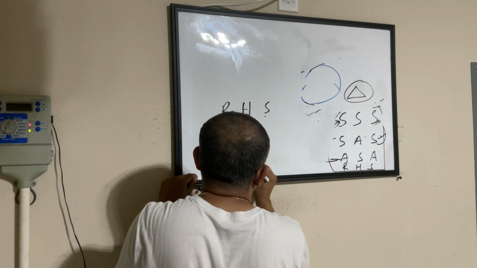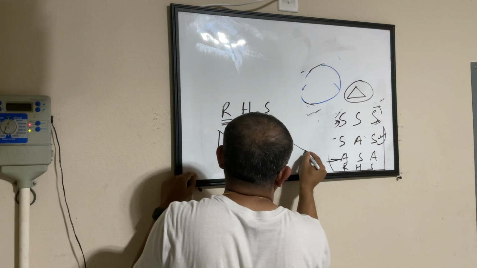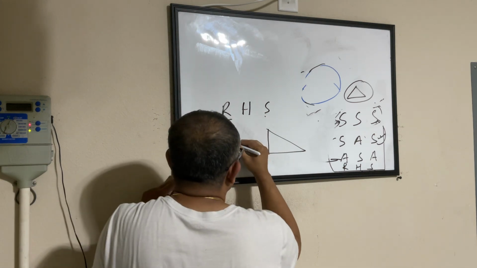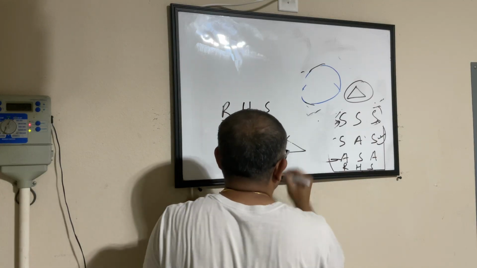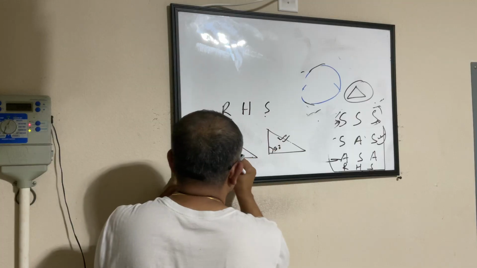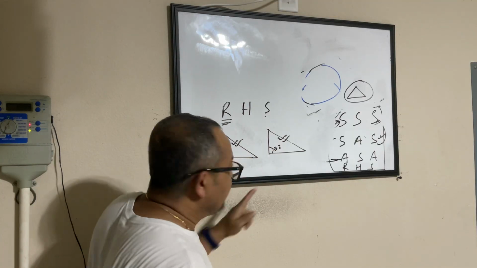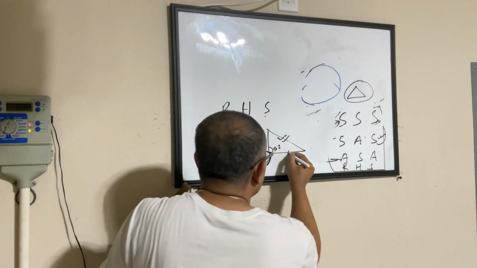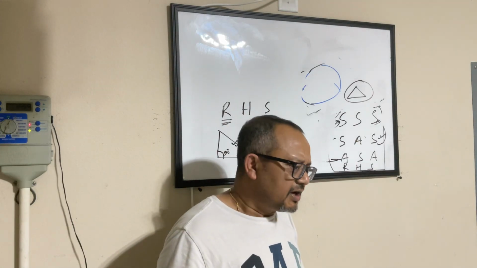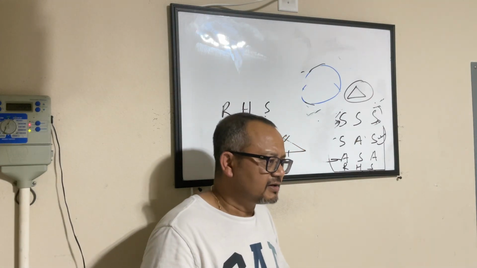Now look at this. You have two right angle triangles where the hypotenuse matches. So let's say this one and this one match. Obviously these two angles are 90 degrees. And one of the sides matches. Let's say this side and this side match. They will be congruent. Do you guys think this theorem is right?